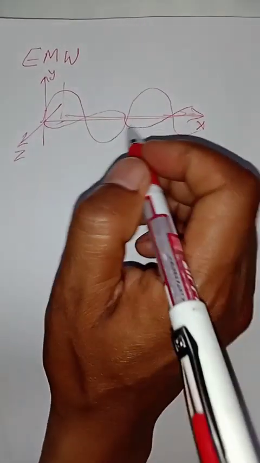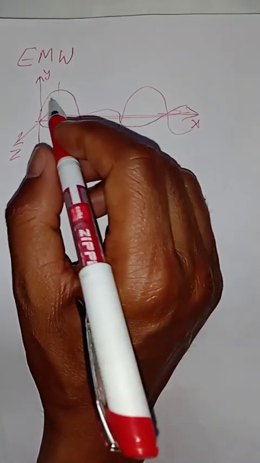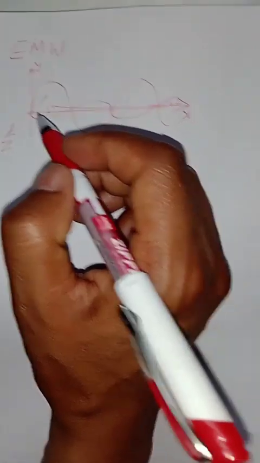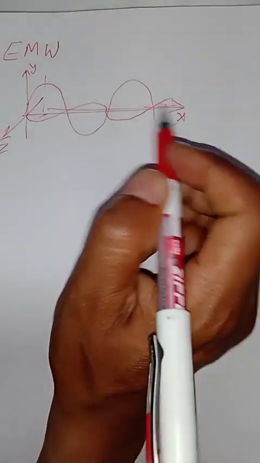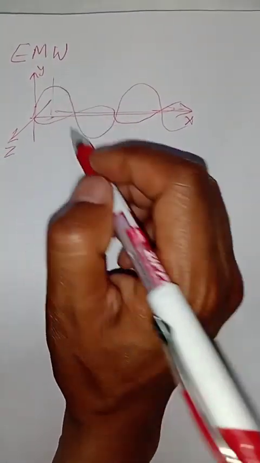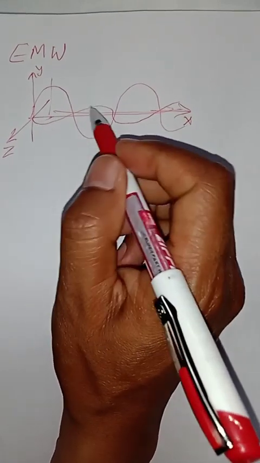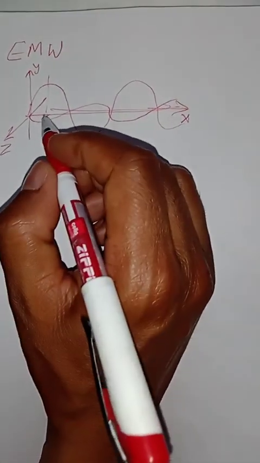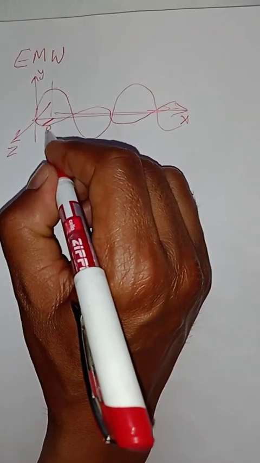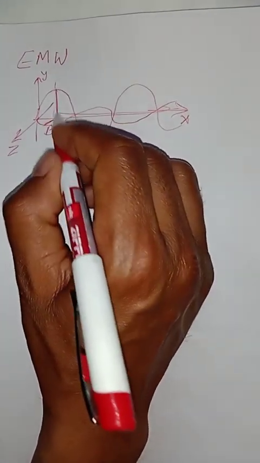So this is a 3D view. Imagine it as a corner of your room. This is x, the wall is y, and the floor is z. So the magnetic field is given by B, the electric field is given by E.